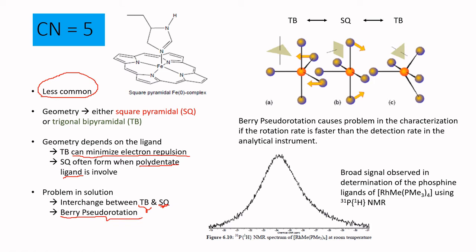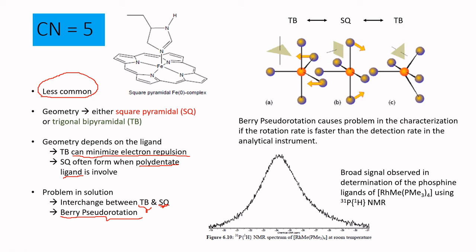Okay, so Berry pseudo rotation causes problems in characterization if the rotation rate is faster than the detection rate in the analytical instrument. If you look at the figure here, you can see that this trigonal bipyramidal can interchange into square pyramidal and then go back to trigonal bipyramidal.